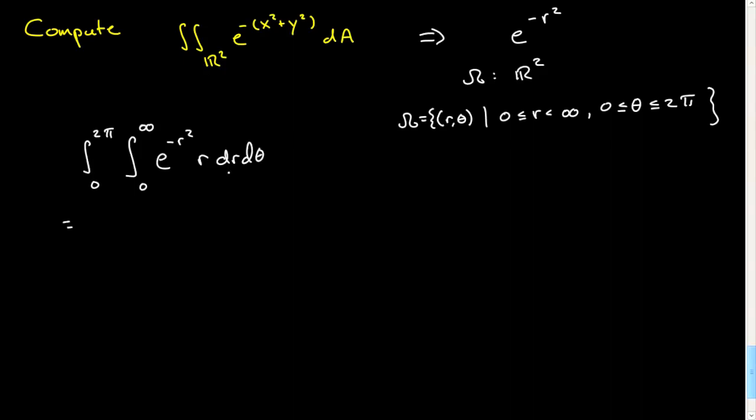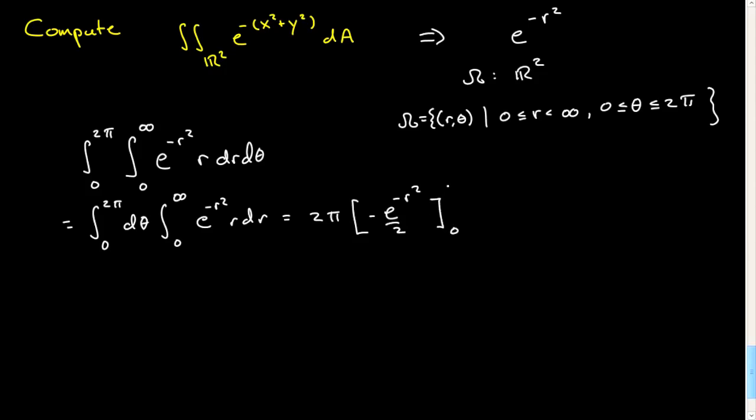That separates into the integral of 2 pi d theta, and the integral from 0 to infinity of e to the minus r squared r dr. Again, the 2 pi you should see immediately. And then we have here e to the minus r squared. We need a 2 for this and a minus sign. So it'll be a minus 1/2, evaluated between 0 and infinity.